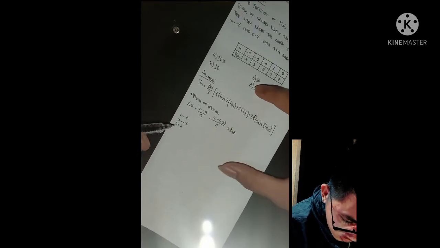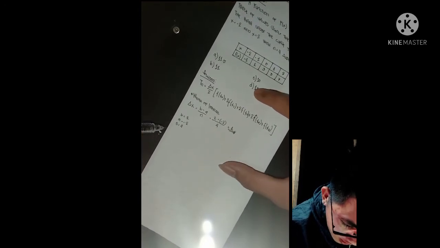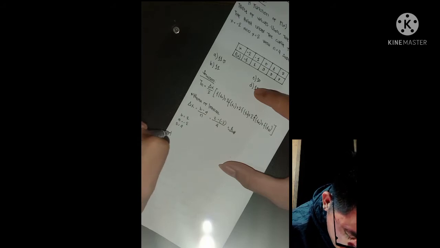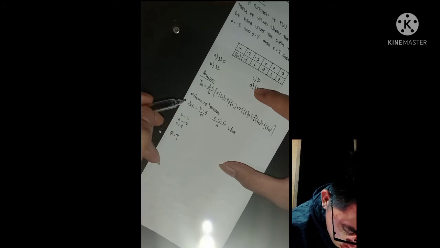To find the trapezoidal rule, or the area under the curve, our area is equal to T4, where our subinterval is equal to 4.